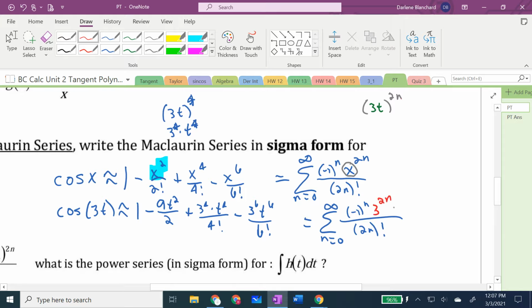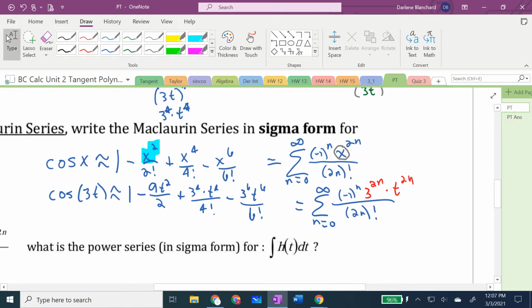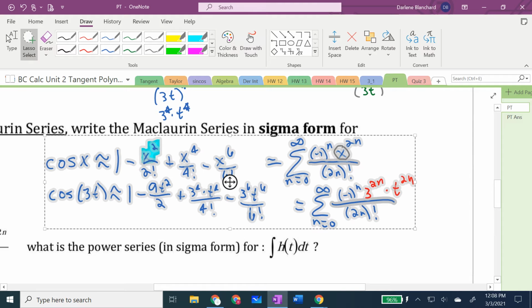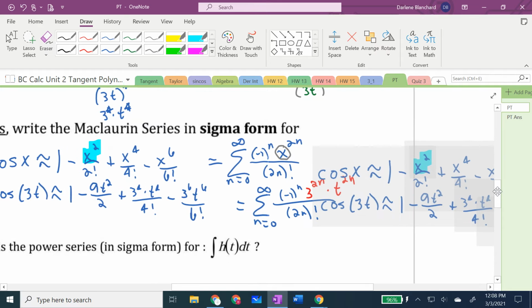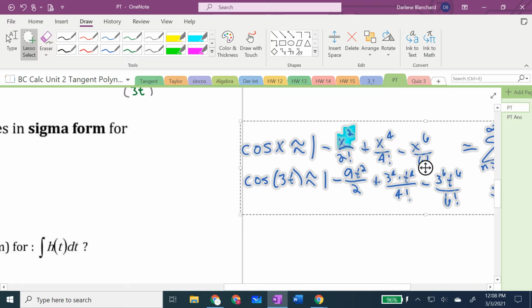So it's 3 to the 2n times t to the 2n. So that's just the substitution. Then we need to multiply by t as well. And I'm going to do a lasso and move this over.